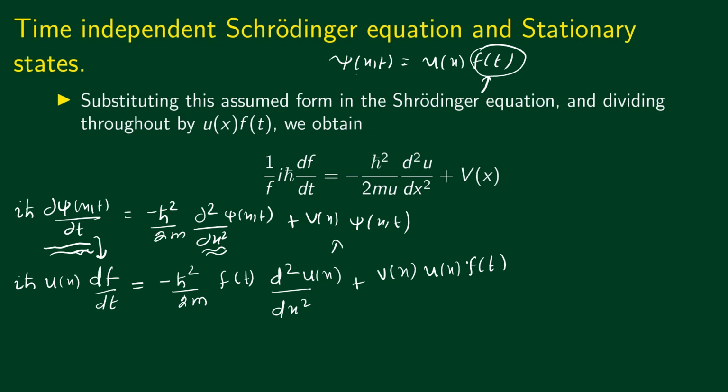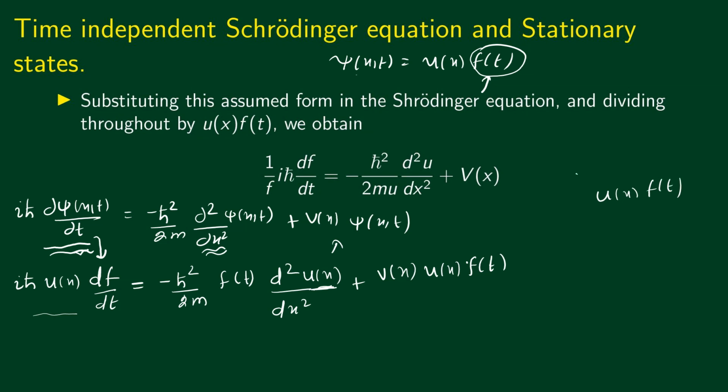Now we see that there's a u of x here and a derivative with respect to time. Here we have got the derivative of u of x, right, and a function of time. We see that the function of space can be removed from the left hand side and the function of time can be removed from the right hand side if we divide throughout by u of x multiplied by f of t.